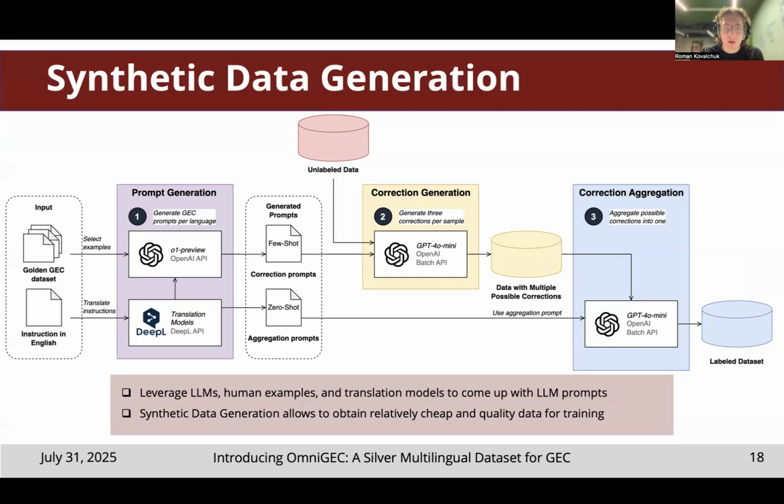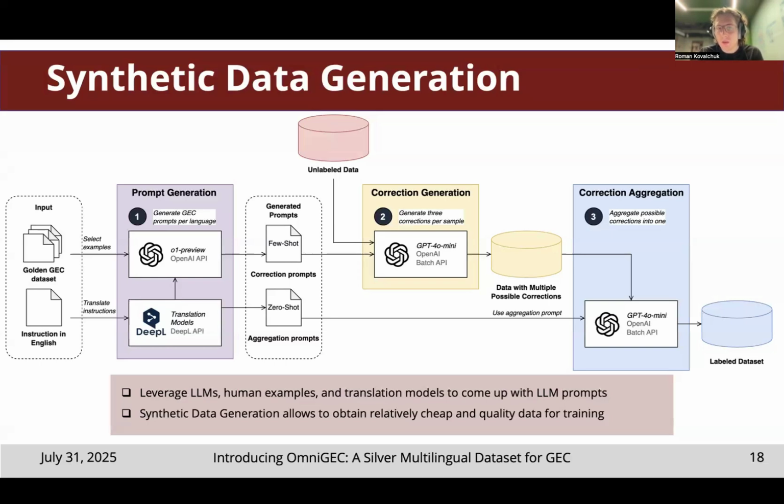We are going to do so by developing an instruction in English and translating it into downstream languages with DeepL. Then we are going to select examples from golden GEC datasets with the O1 preview model, and the latter will be used to generate a few-shot prompts to generate with GPT-4 Mini multiple possible corrections.